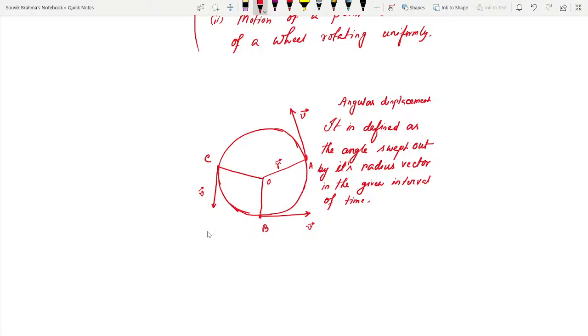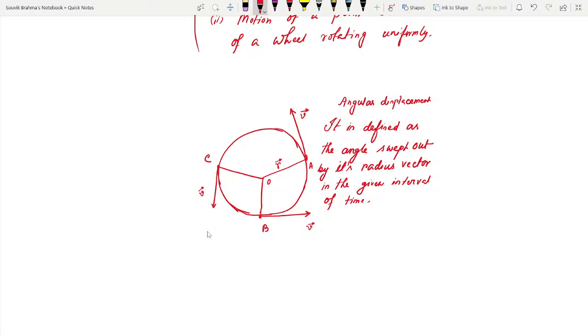So that is your angular displacement. Then how should we represent the angular displacement? There must be some representation of angular displacement. So how to represent it?